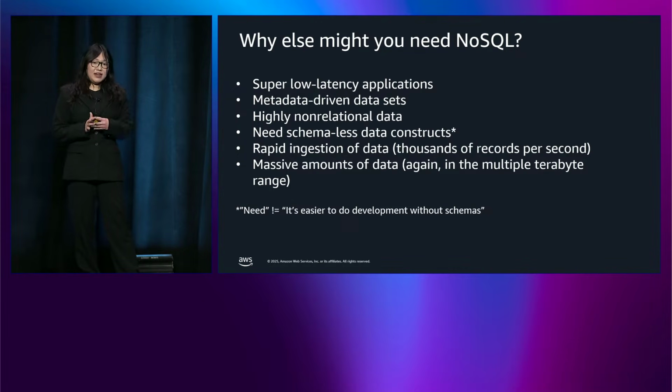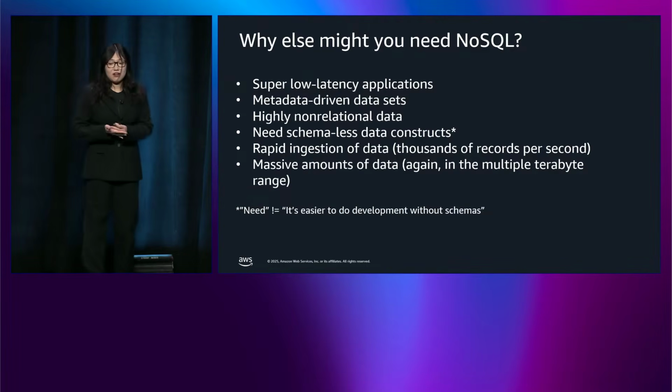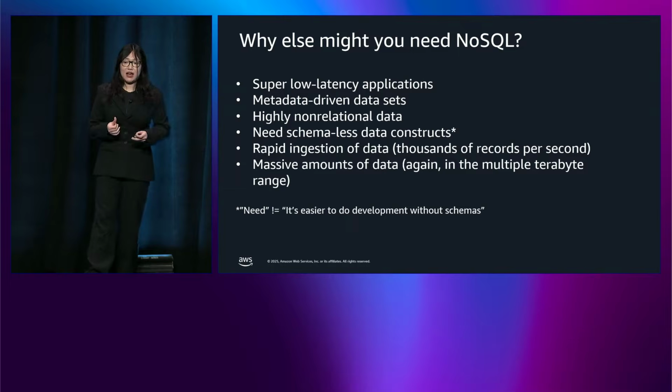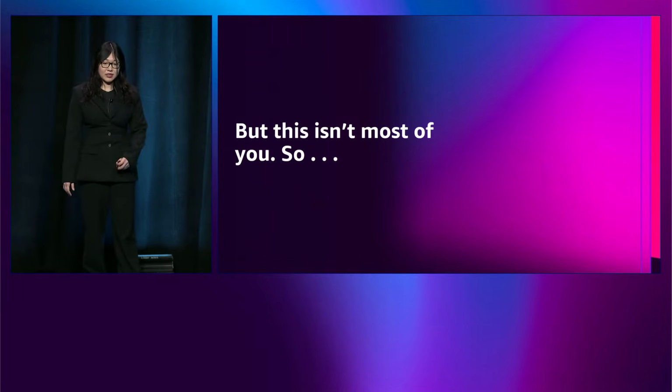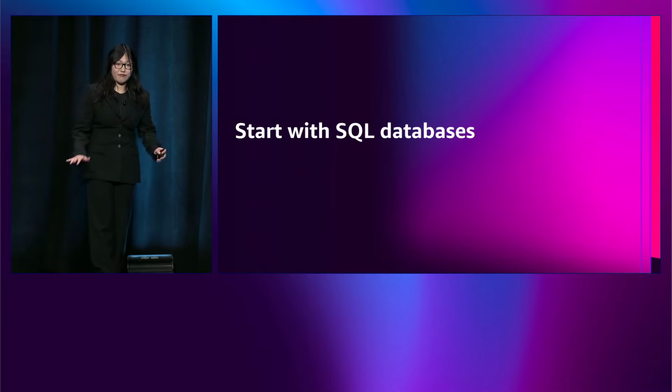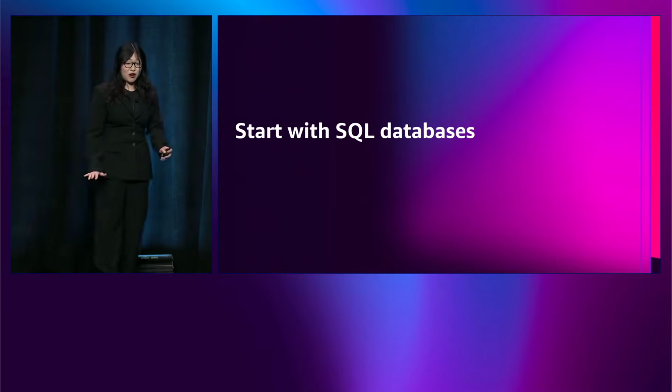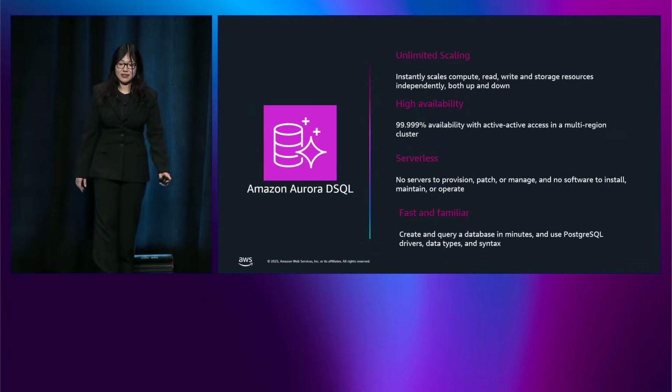Something that might exist a couple years down the line, but from day zero, day one, that may not be something that you encounter quite often. Again, this isn't most of you if you're starting out from the ground up. So start with SQL databases.